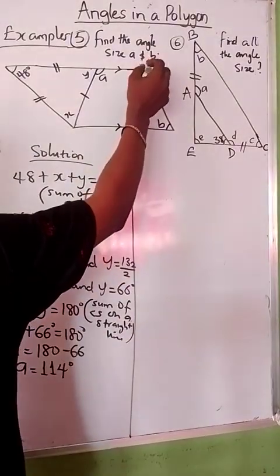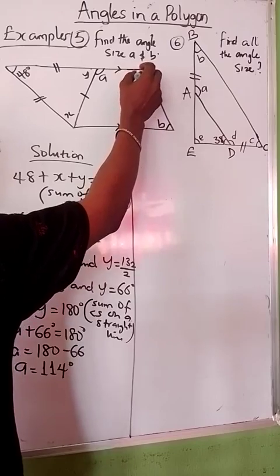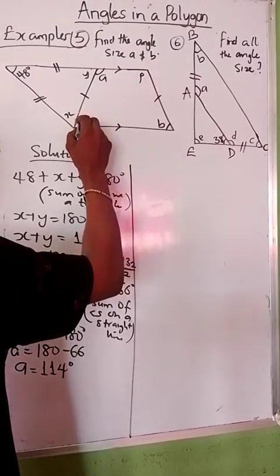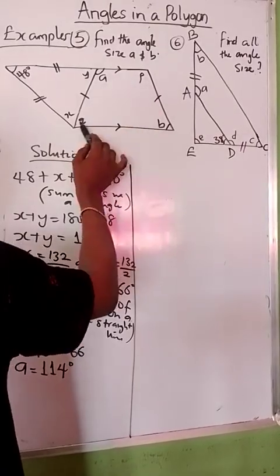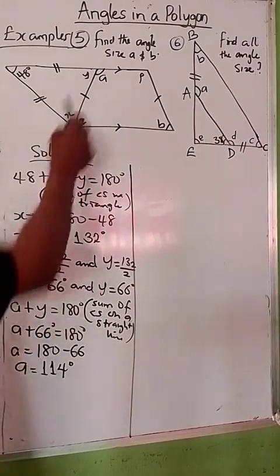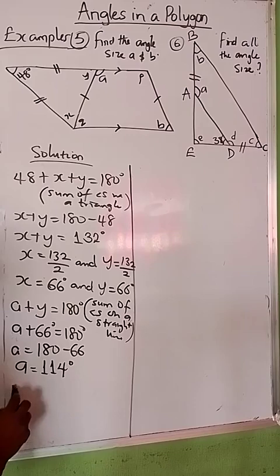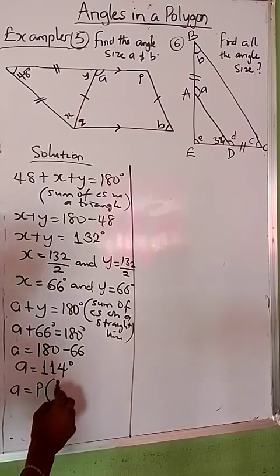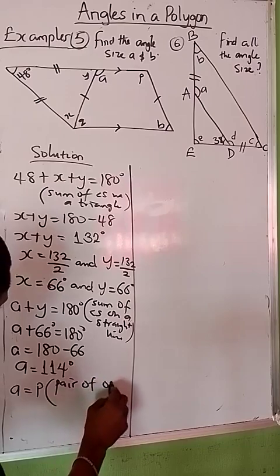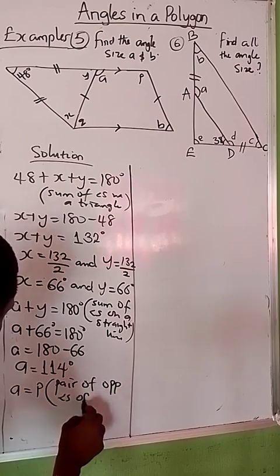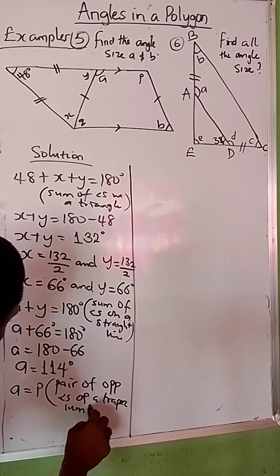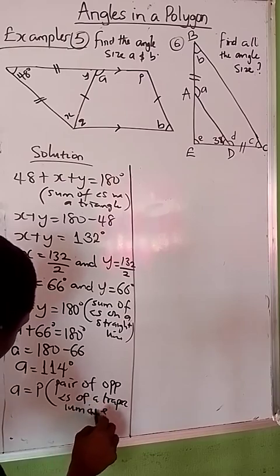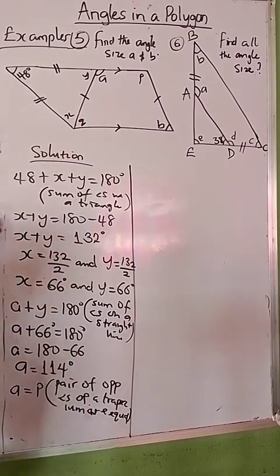We can name this angle P, and we can name this one Q. So A and P are equal, and B and Q will also be equal. Since we have gotten our A to be 114, A also equals P. Why? Pairs of opposite angles of an isosceles trapezium are equal.